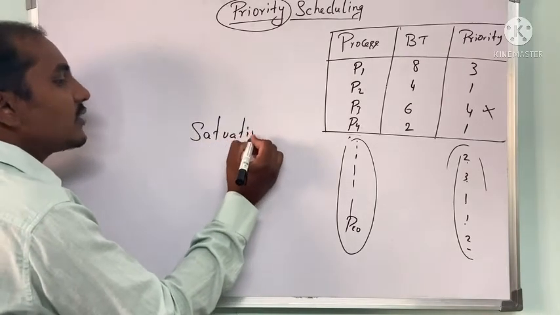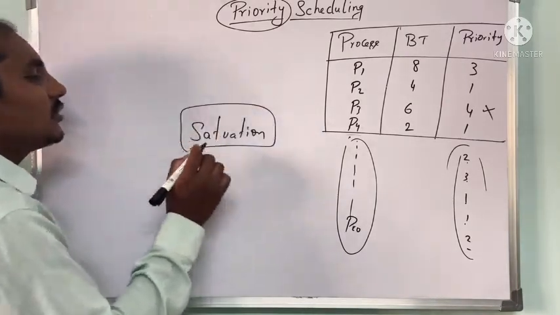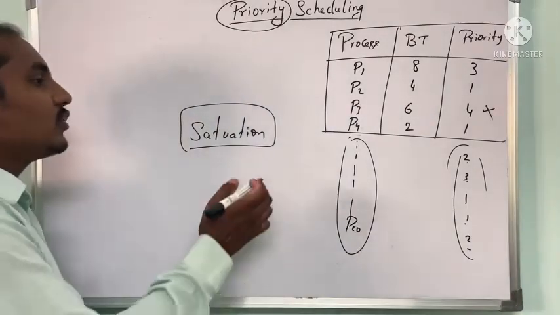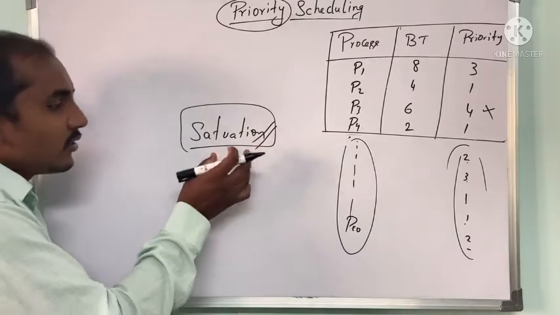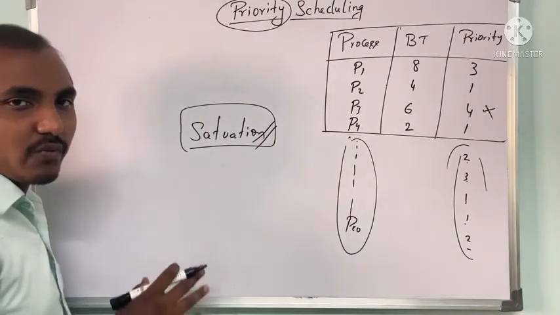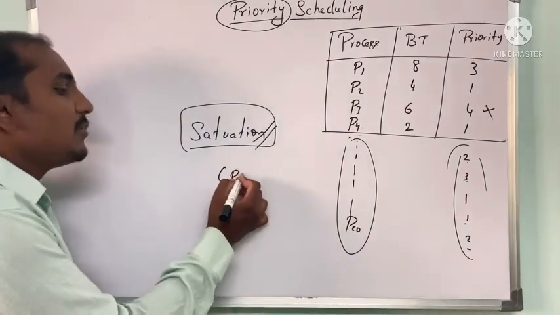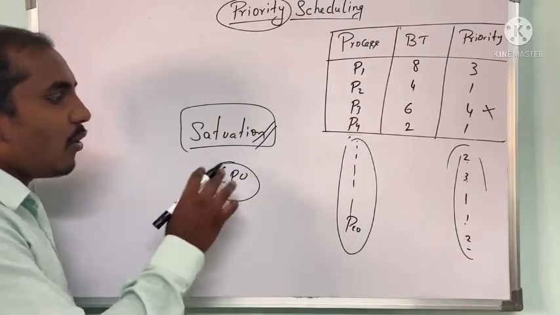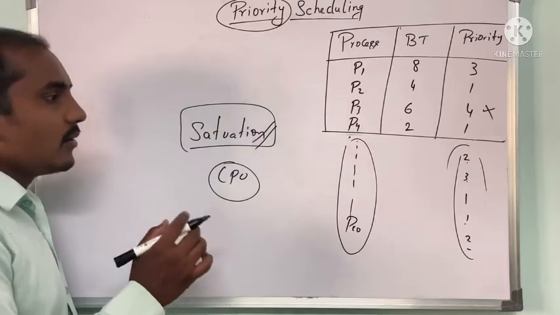Starvation is when a process is waiting in the ready queue for a longer time, waiting for the CPU for its execution. To avoid this starvation, what is the solution?